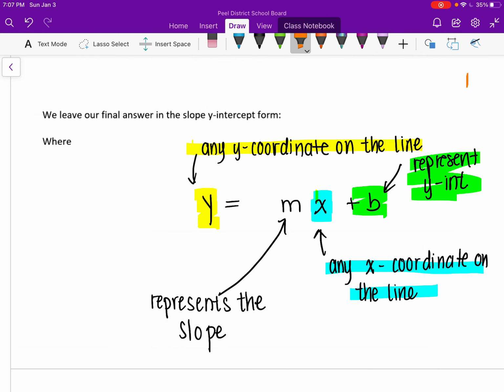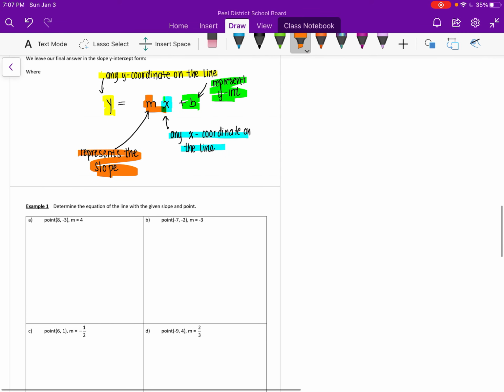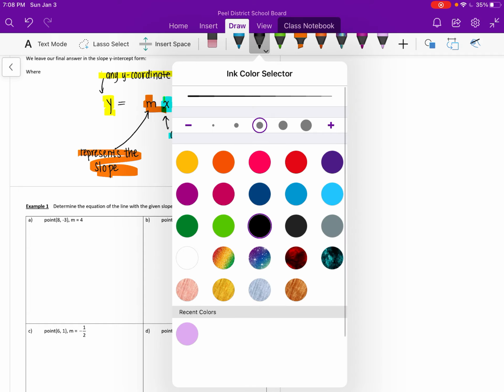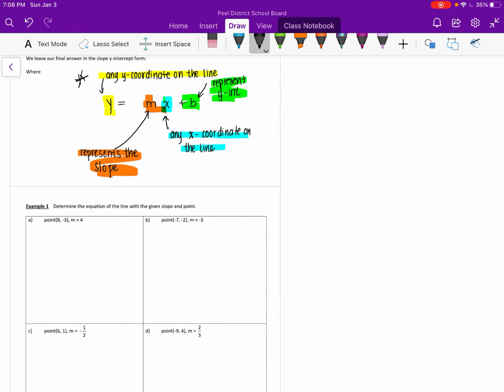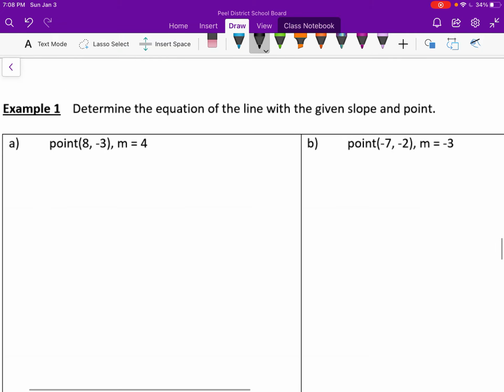I'm also going to write that m represents the slope, just so you have a better understanding of what each variable represents. I recommend drawing this out. It's a really good way to remember. It's in my memory forever now, but when you're first learning it, it's probably a good thing to do.